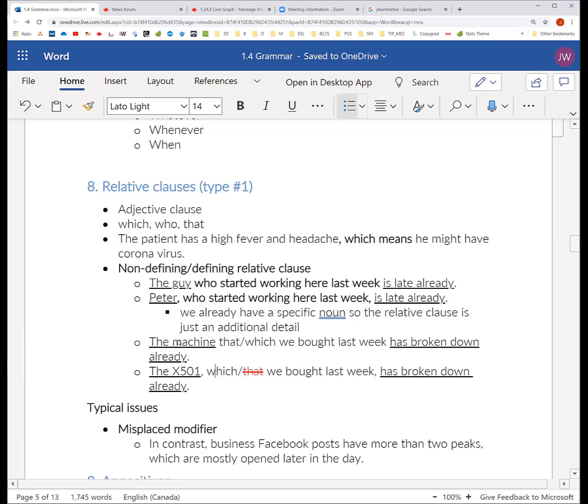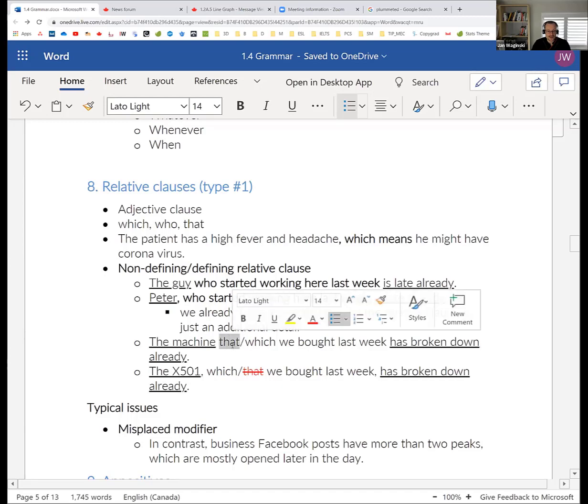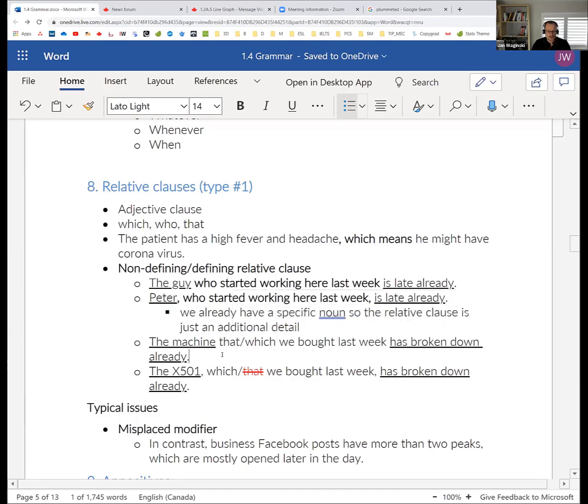If it's a defining clause, you can use that or you can use which. Doesn't matter. A traditional grammar book will tell you to use that in this situation. But most authors don't care. Even in prestigious journals, they'll use that, they'll use which.